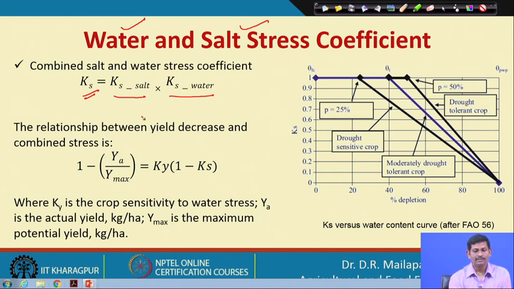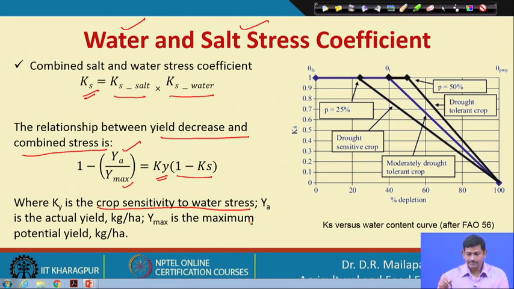If you get both and multiply, you get Ks, the combined salt and water stress coefficient. The relation between yield decrease and combined stress is 1 minus actual yield by maximum yield, equal to Ky, the crop sensitivity to water stress, times 1 minus Ks.